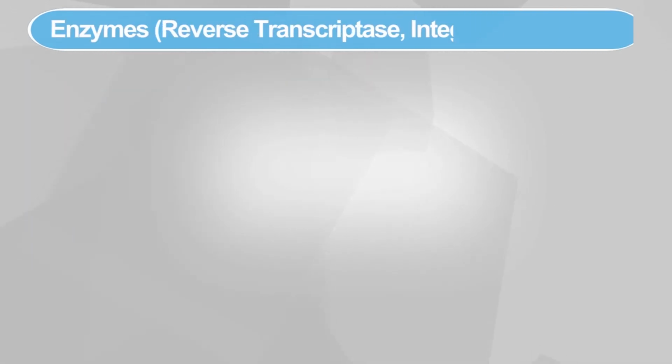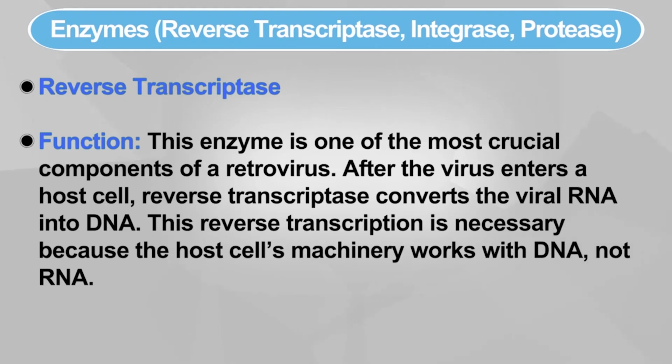Now, we will study the very important protein that is called reverse transcriptase. This enzyme is one of the most crucial components of a retrovirus. After the virus enters the host cell, the reverse transcriptase converts the viral RNA into DNA. The reverse transcription is necessary because the host cell's machinery works only with DNA, not RNA.